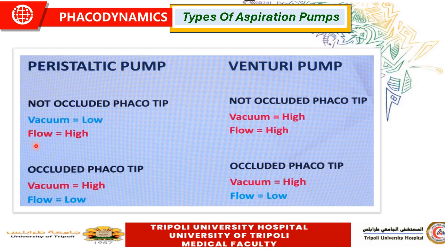So we can preset the value of the flow and control it linearly by the foot switch. However, in the Venturi pump, the vacuum and the flow will be high from the beginning, and this is one of the main differences. In the Venturi pump, the primary control is the vacuum, and the flow will follow the vacuum. That is indirectly controlled, as I said, by a ratio of 10 to 1.